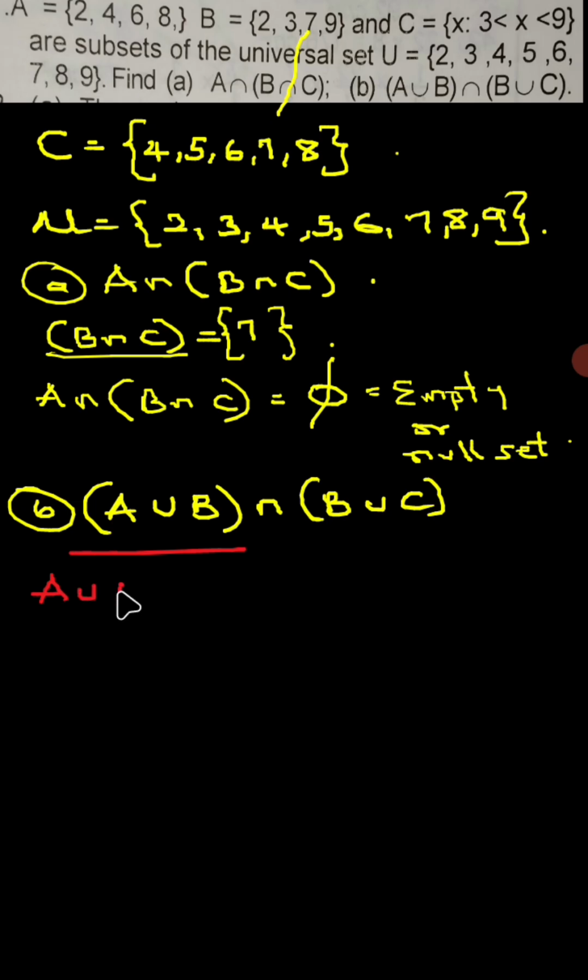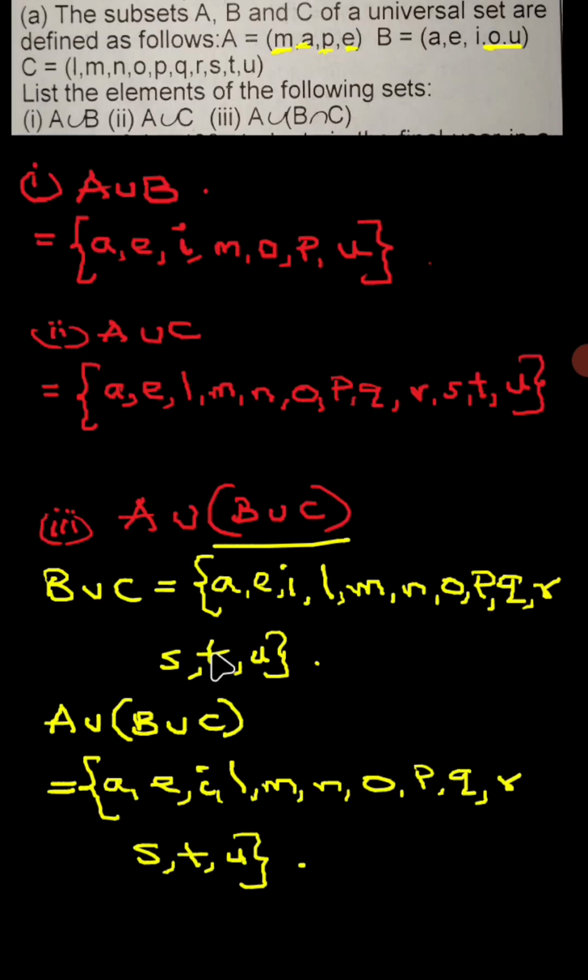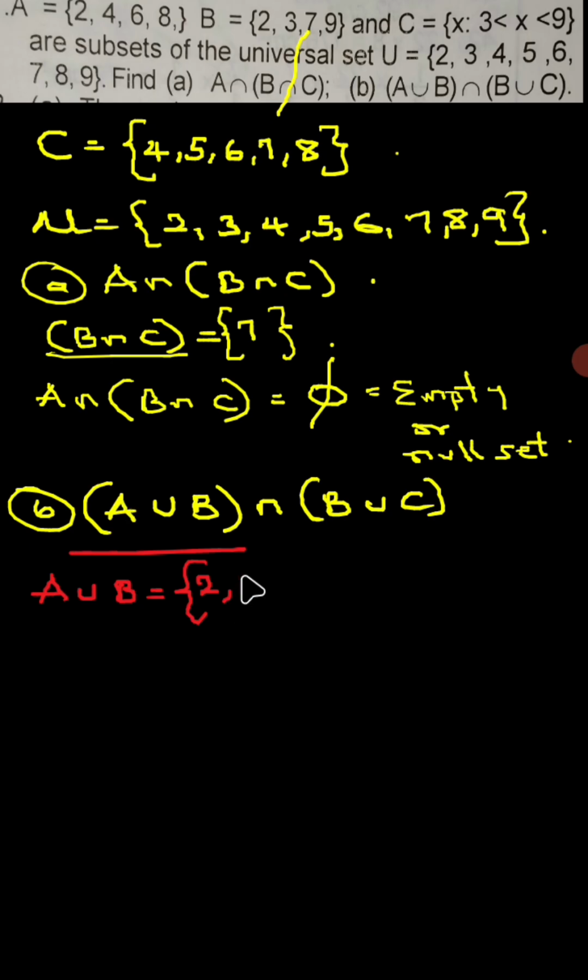So this is A union B, which is the combination of the set of elements in A and in B. In A we have 2, in B we have 2, so we just take 2. In B we have 3. In A we have 4. In A we have 6. In B we have 7. In A we have 8, and in B we have 9. So that is A union B.